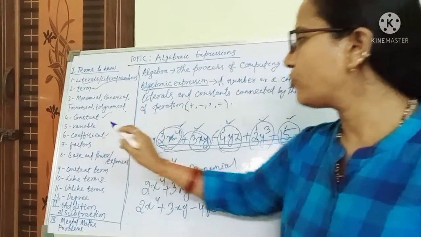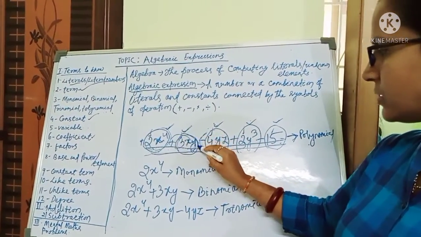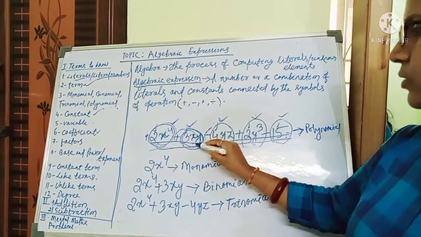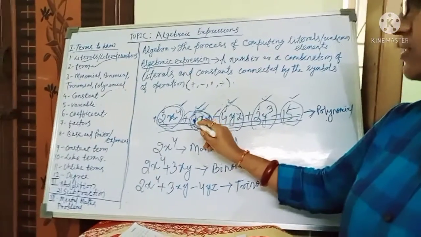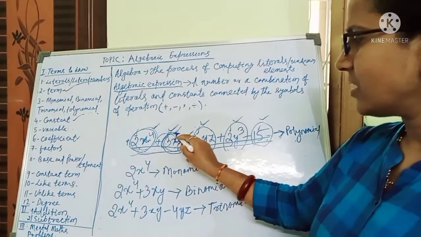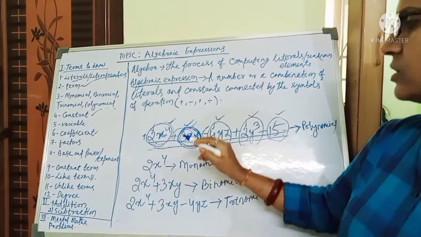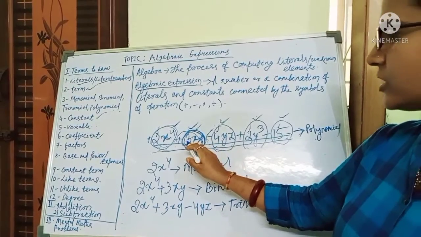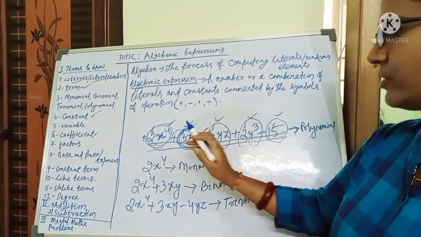Next is coefficient. Coefficient, even a product. I will take one example of 3xy. In 3xy, 3 is multiplied with x, and x is multiplied with y. So it is a product of 3 and x and y. In this product, 3, x and y are the factors of each other.